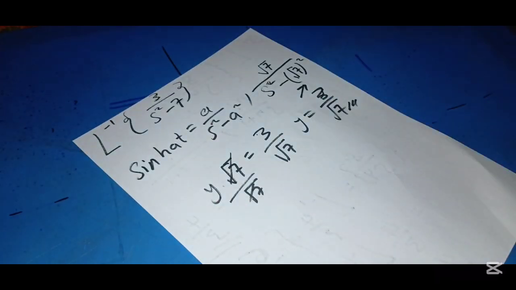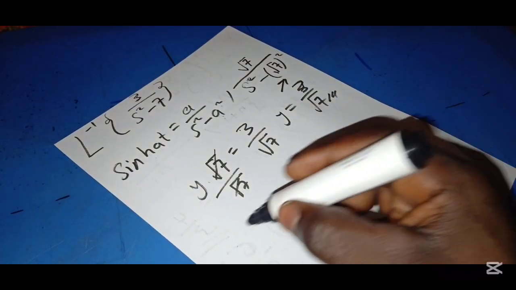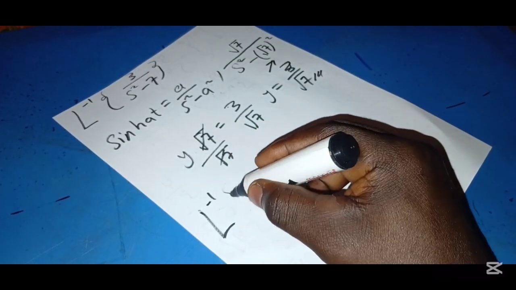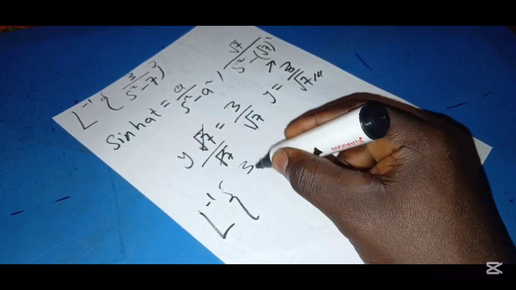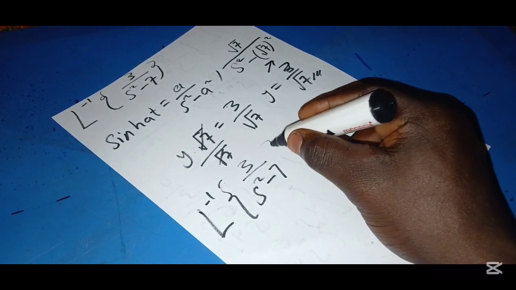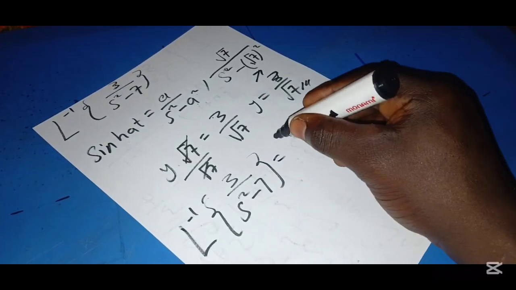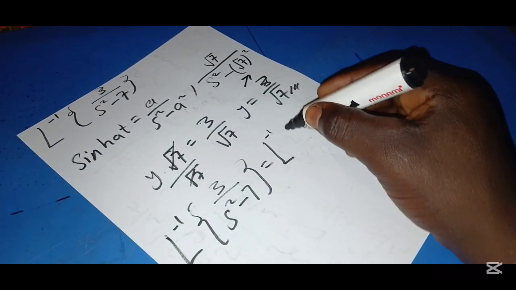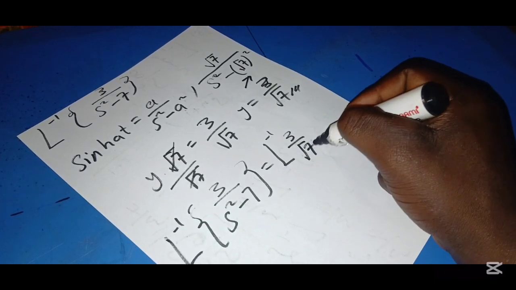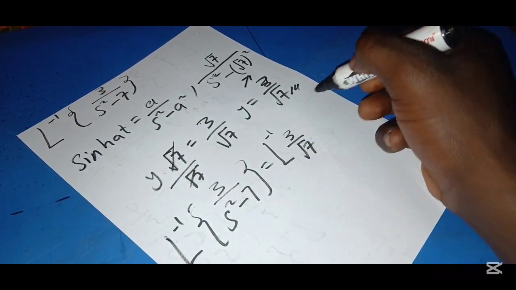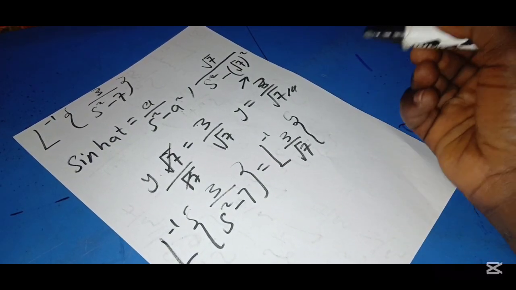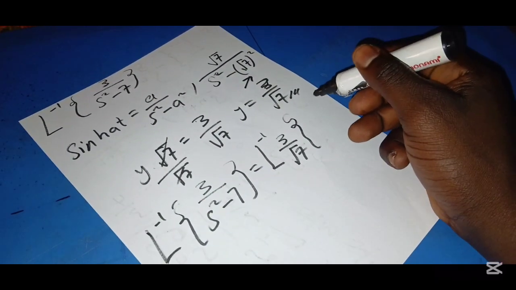So now let's go ahead and evaluate our problem. So the inverse Laplace transform for 3 over s squared minus 7 could also be written as, we found our constant, right? Just bring the constant. Mind, this constant can be written before the inverse Laplace transform symbol because it is a constant, no wahala.